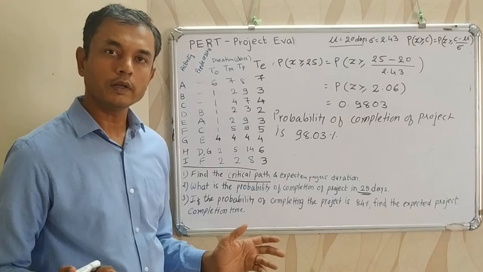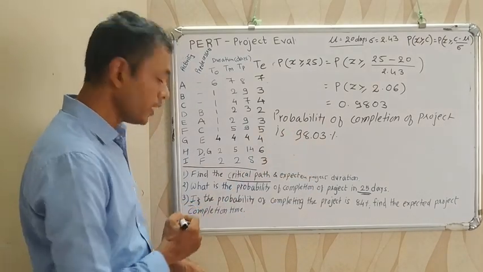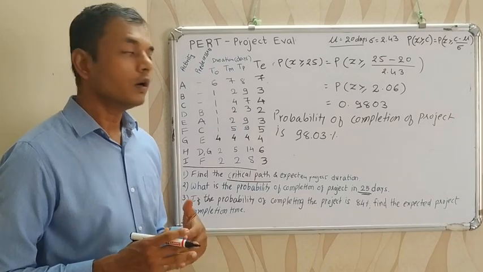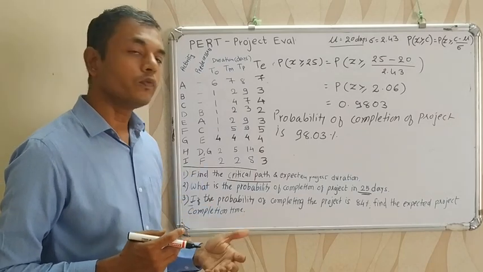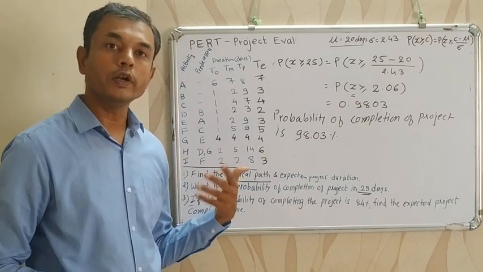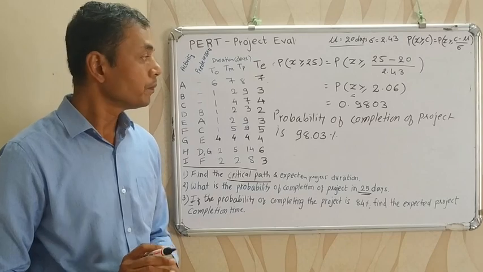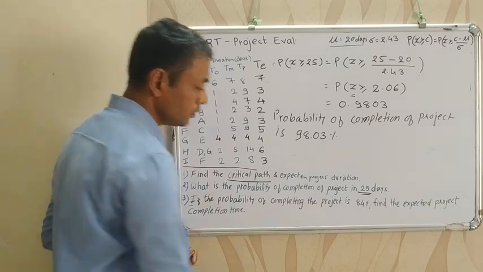Clear? We will calculate further with the next question, so you become more acquainted with how to interpret the value of Z in the standard normal distribution table. Let's take another question.